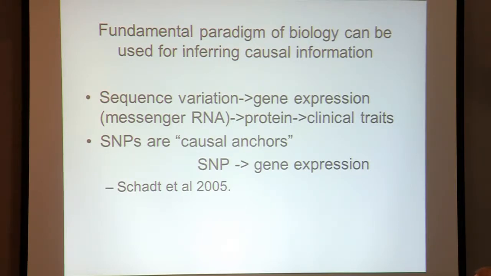Often we observe correlations between these various variables, but the one thing we are very certain of is that SNPs are causal anchors. When you have a correlation between a SNP and a gene expression profile, in most cases it means the SNP causally affected the gene, unless there are design issues in your data or terrible things went wrong.